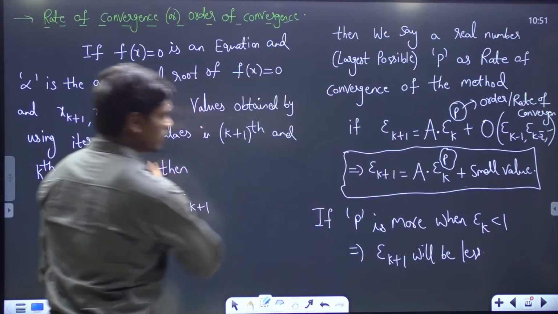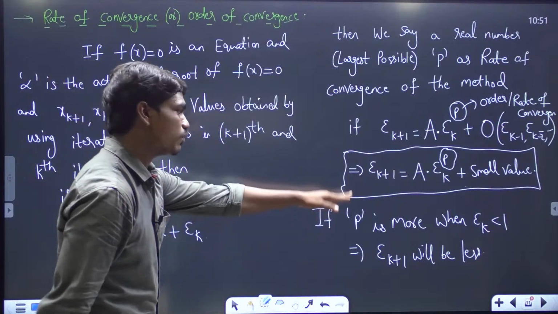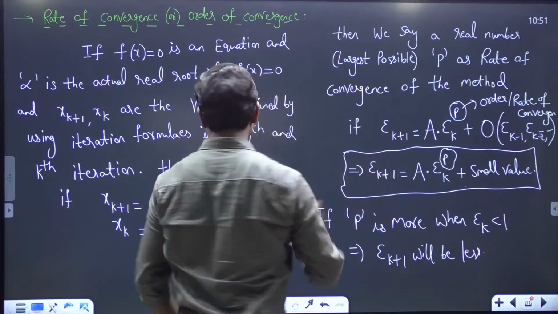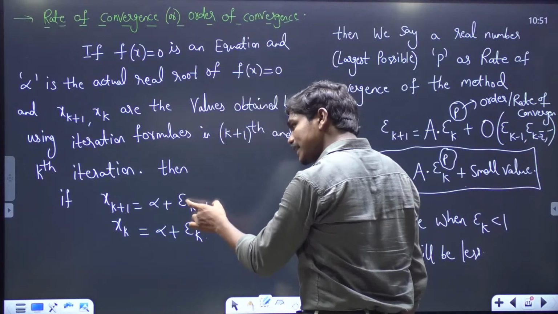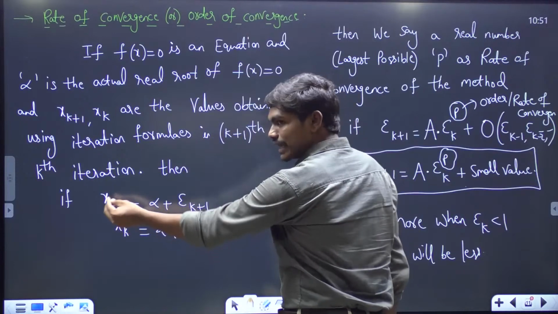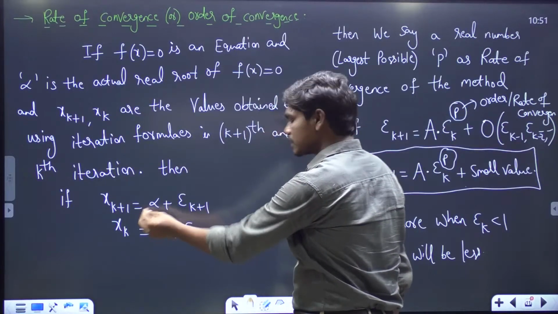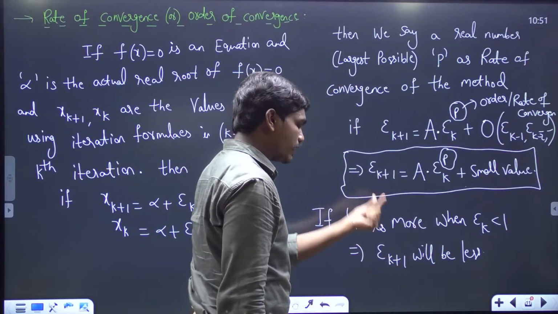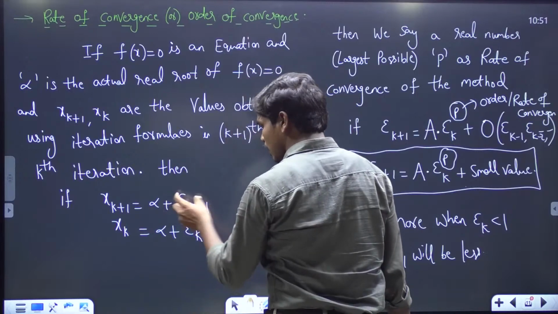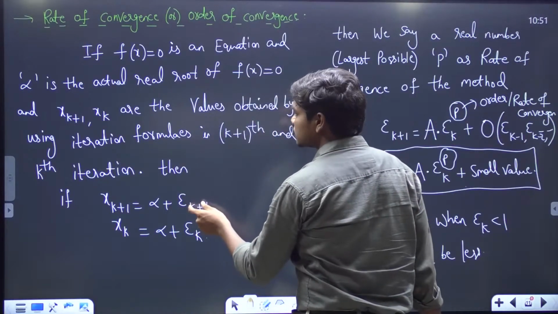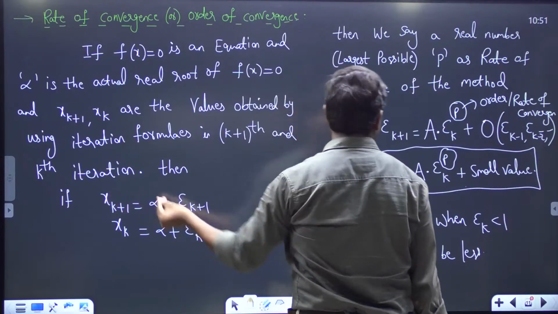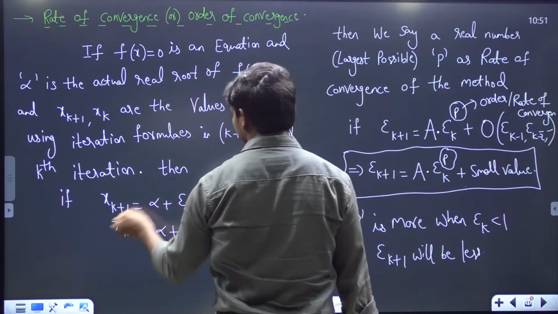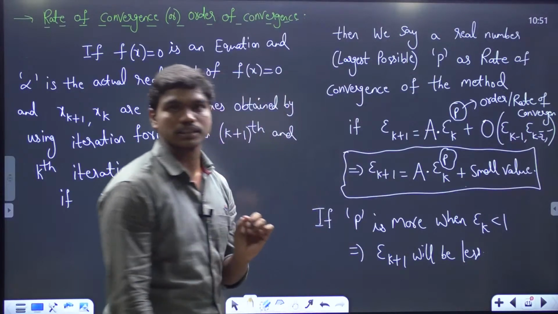Now see carefully: if p is more, then you yourself told e_{k+1} is less, which means x_{k+1} is very close to alpha. If this term is very small, x_{k+1} is almost equal to alpha, which means in the iteration values we'll take this real root same as the value that you obtained in the (k+1)th iteration.